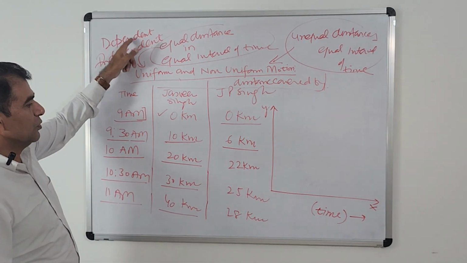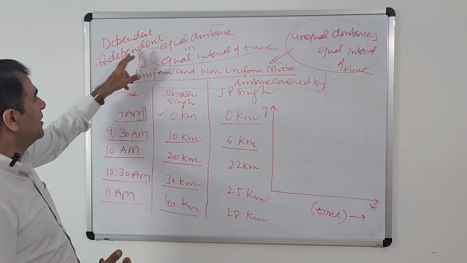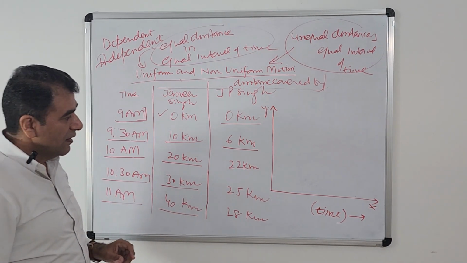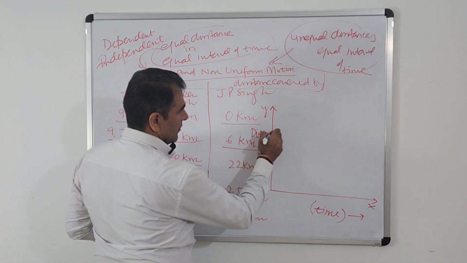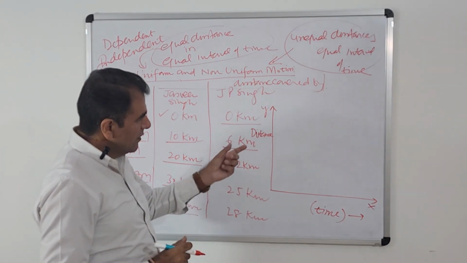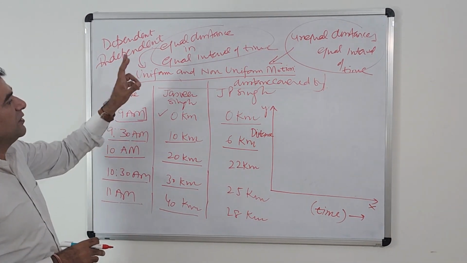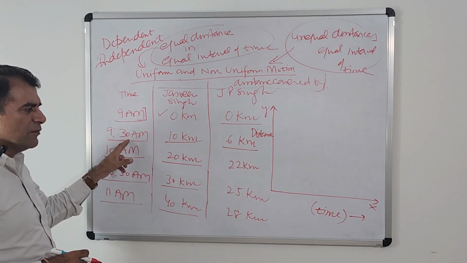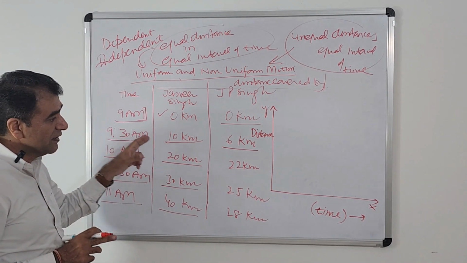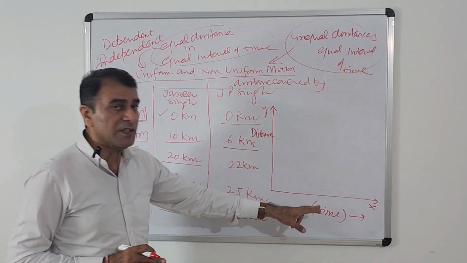Dependent quantities are those which depend upon independent quantities. Here I will write distance. You see, distance is depending upon time. At this time, distance is this much. At this time, distance is this much. Time is not depending upon anything. That is why time is independent, and distance depends upon this time.